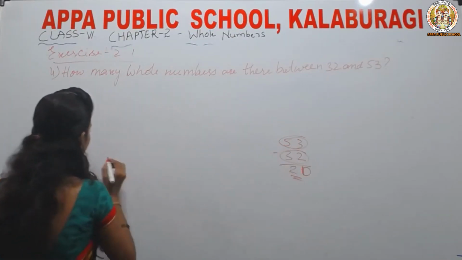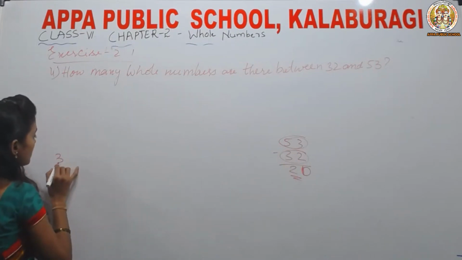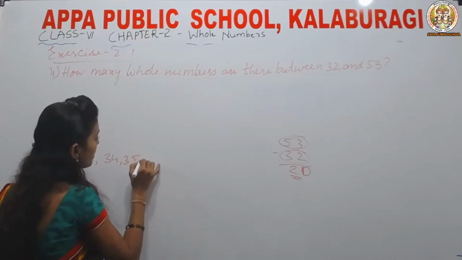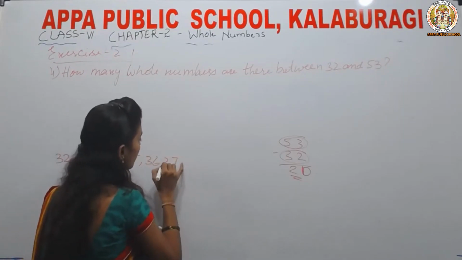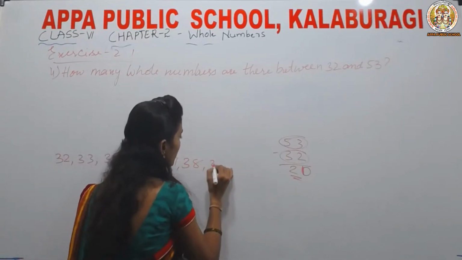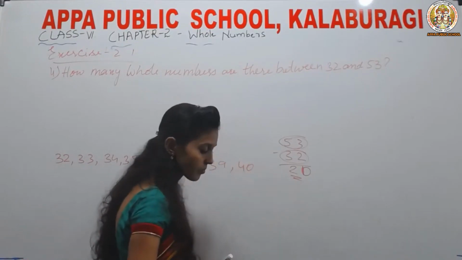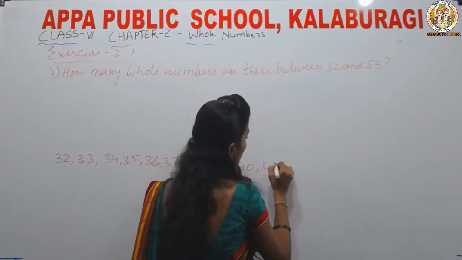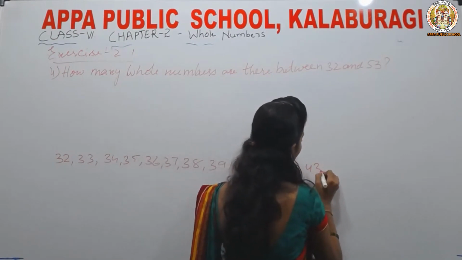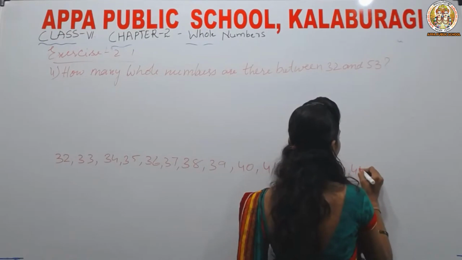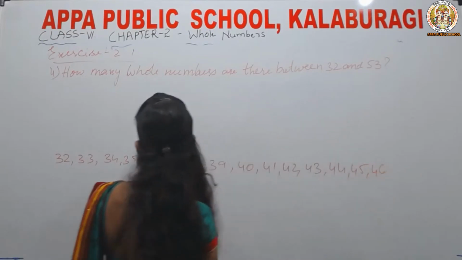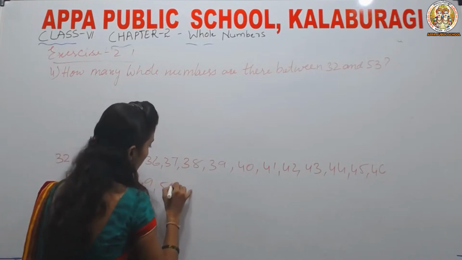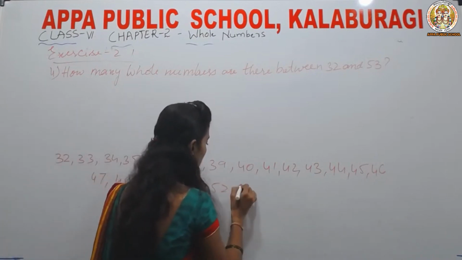But if we don't consider, see, I'll write all the numbers: 32, 33, 34, 35, 36, 37, 38, 39, 40, 41, 42, 43, 44, 45, 46, 47, 48, 49, 50, 51, 52, 53.